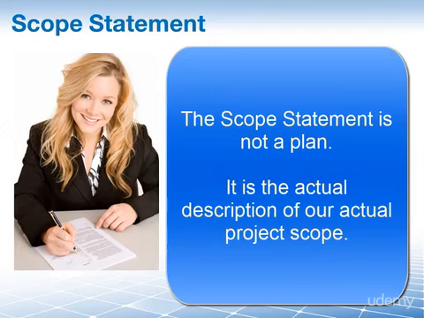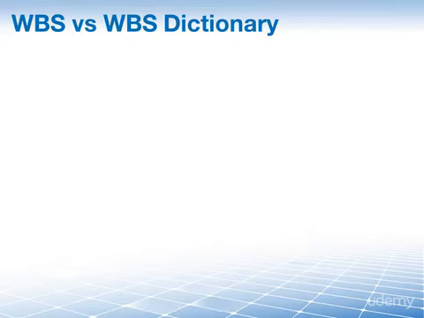So this is not a plan. This is the actual definition of what we are going to produce on our project. And it's the same for the WBS and the WBS dictionary. They aren't plans. They are the actual description of our project scope, each describing it from a slightly different angle.